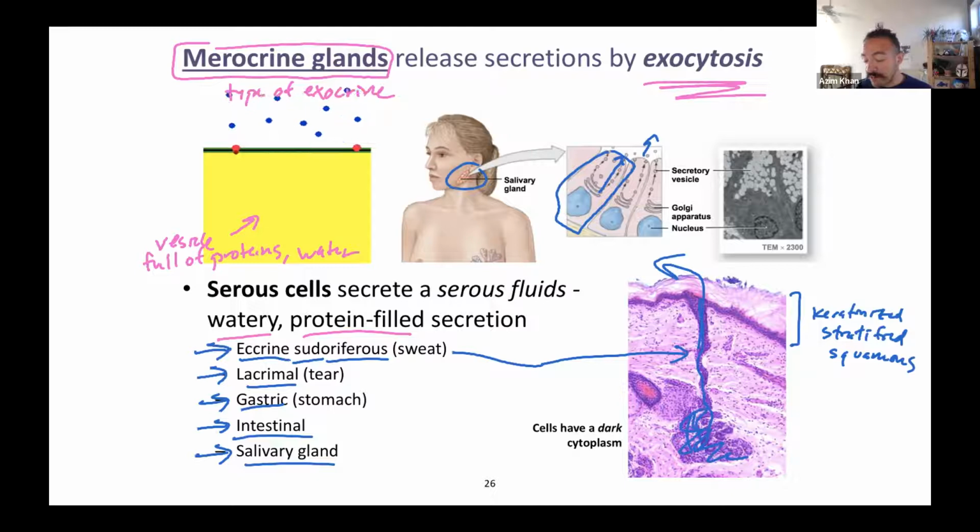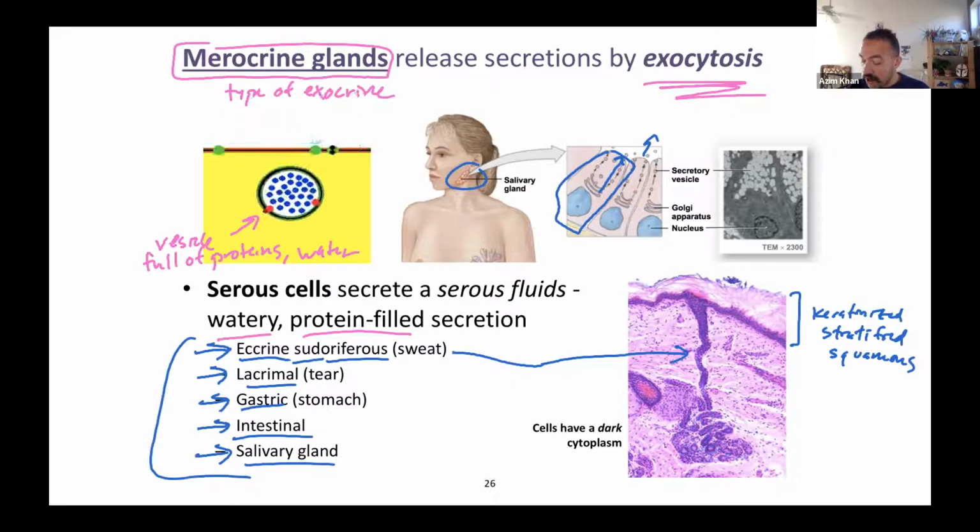What all these have in common, despite these being fairly different types of glands, is they all secrete their substance by exocytosis. On the whole, these glands are releasing fluids that have water and protein. Specifically, the ones mentioned here are serous cells.